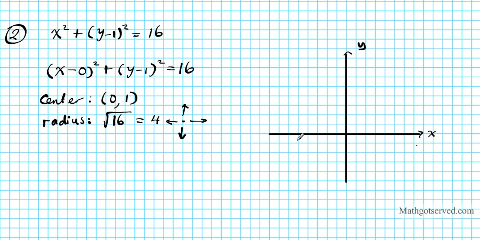Okay, so starting from the center 0, 1, we're going to go 4 units in all directions. 1, 2, 3, 4 to the top. 1, 2, 3, 4 to the bottom. 1, 2, 3, 4 to the right, and then 1, 2, 3, 4 to the left. Okay, so these points define your circle. Not all the points, these are just 4 of the points that can guide our graph. Okay, let's go ahead and draw the circle.